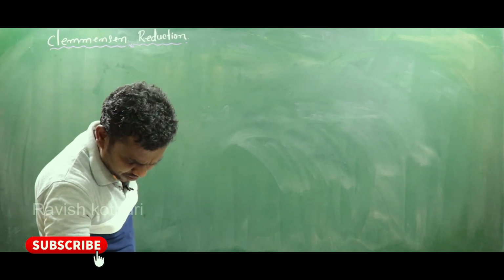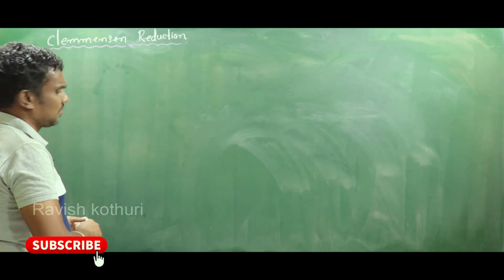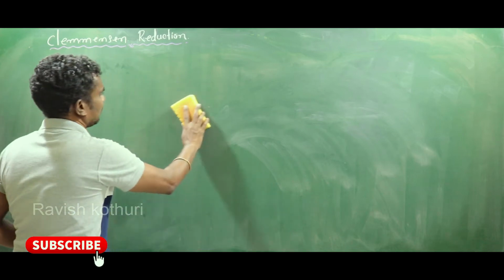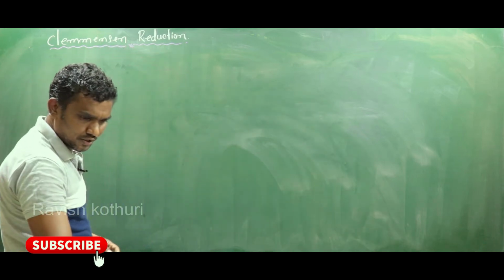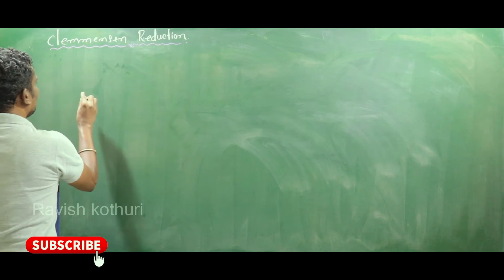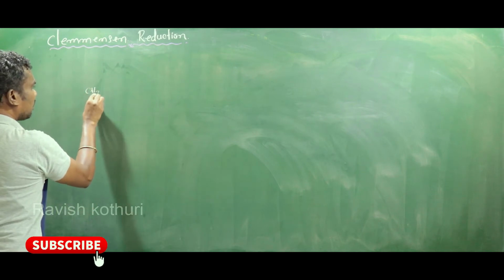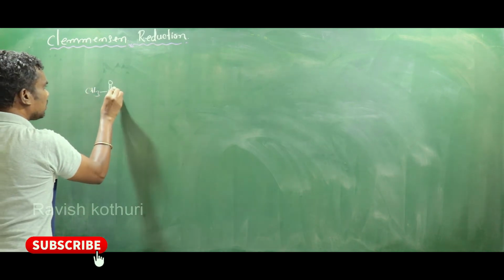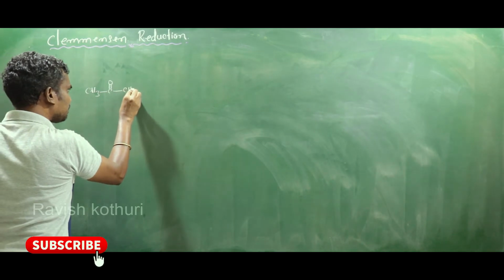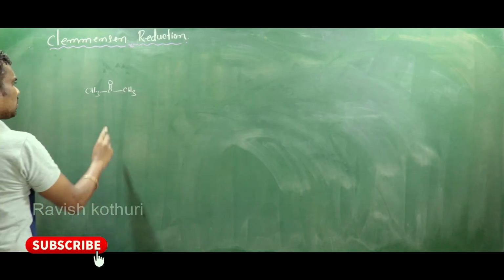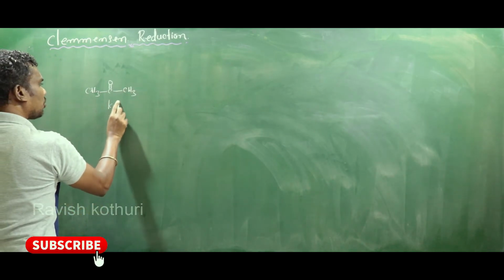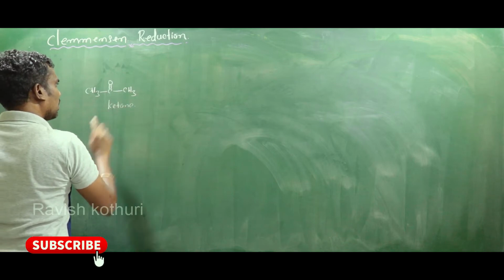See, what does the Clemmensen reduction say? Observe carefully here, be focused, my dears. Look at the board. Here, CH3, C double bond, CH3. This is a ketone, right?